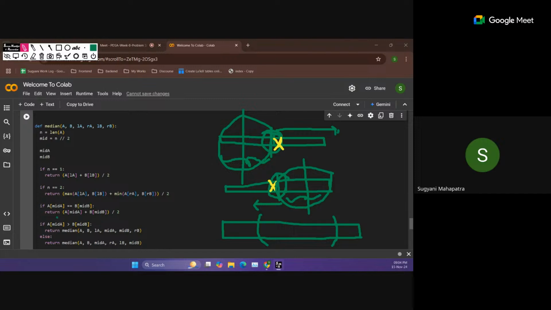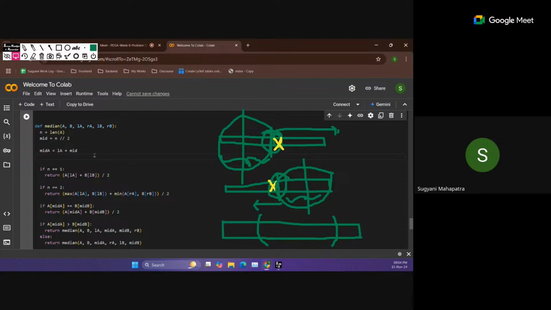Okay, so I hope this method is clear except the part where we compute what is mid of A and mid of B. So how do we compute mid of A and mid of B? For mid of A, mid of A equals left of A plus the middle element.